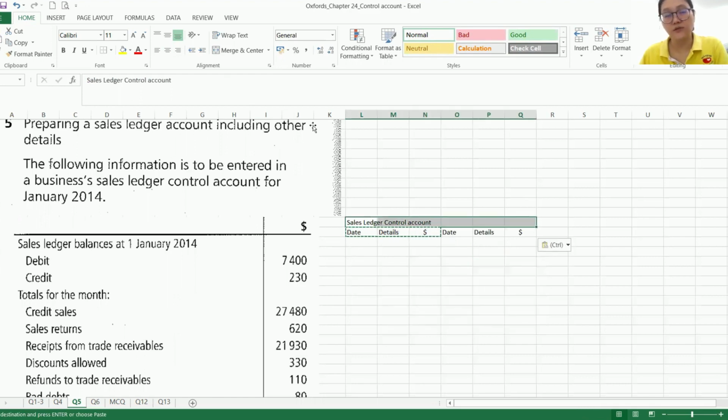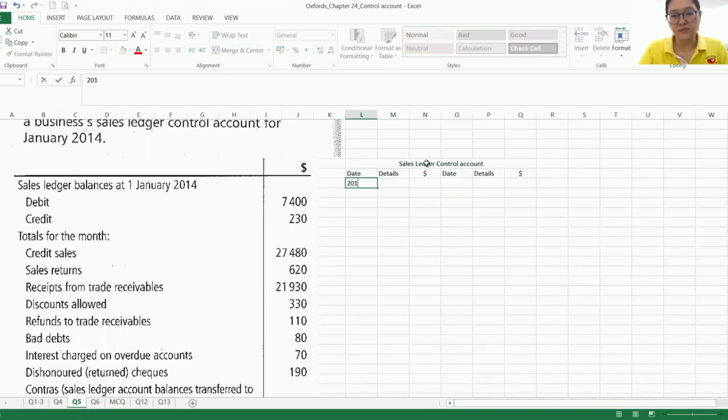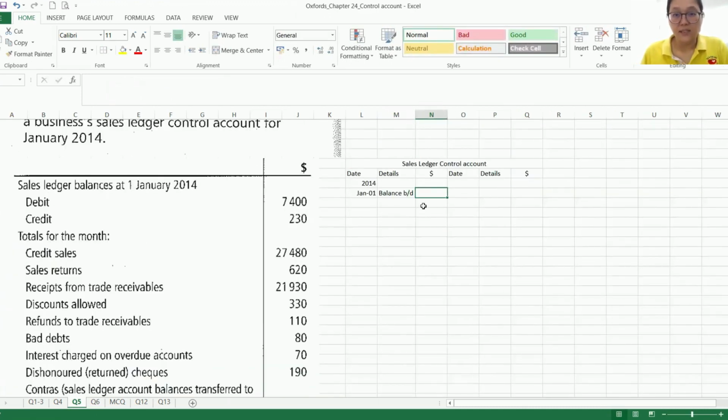The only thing you need to fill in is the detail and which side you should go to. First of all, the beginning of the year, 2014, January 1st. Sales ledger control account is an asset by right, but somehow this question has a liability. Take note, the balance brought down must take the given amount. Here they put it on the credit side.